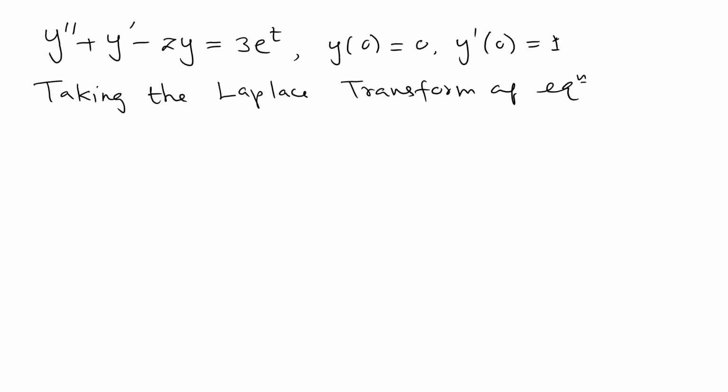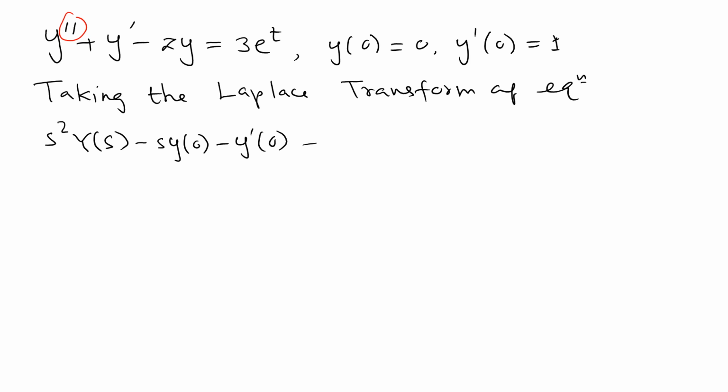Taking the Laplace transform of the equation, we have first the y double prime. It's a second derivative, so it's going to start with s squared. So we have s squared Y(s), where Y(s) is the Laplace transform of the solution, minus s y(0) minus y prime(0). That's the first term.